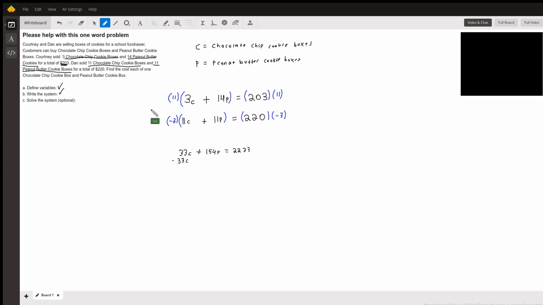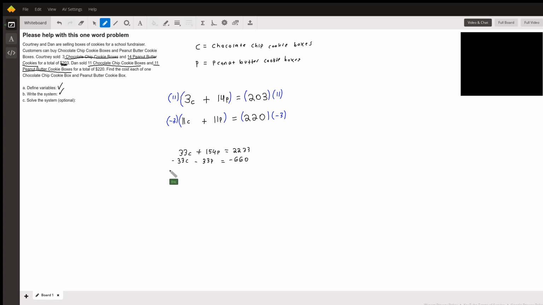So we'll only be left with one variable. -3 times 11p is -33p. And then 220 times -3, I think I can do that in my head. That should be -660.